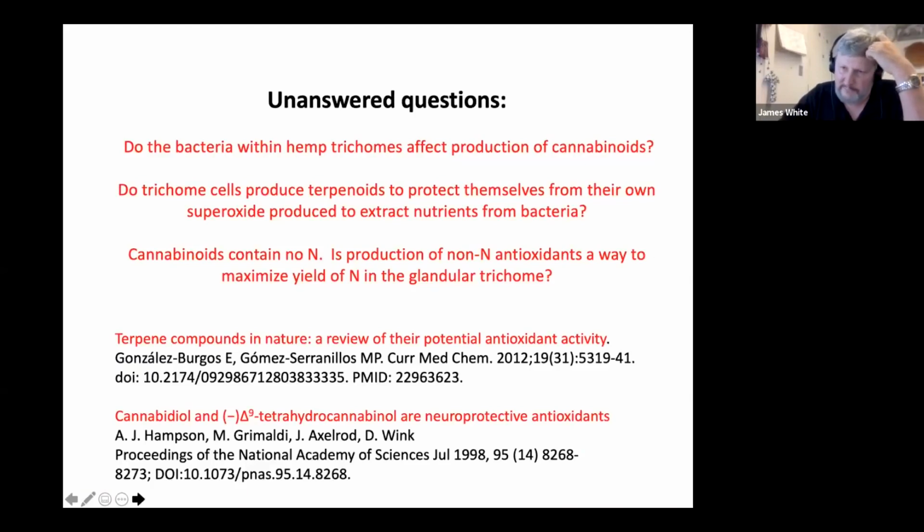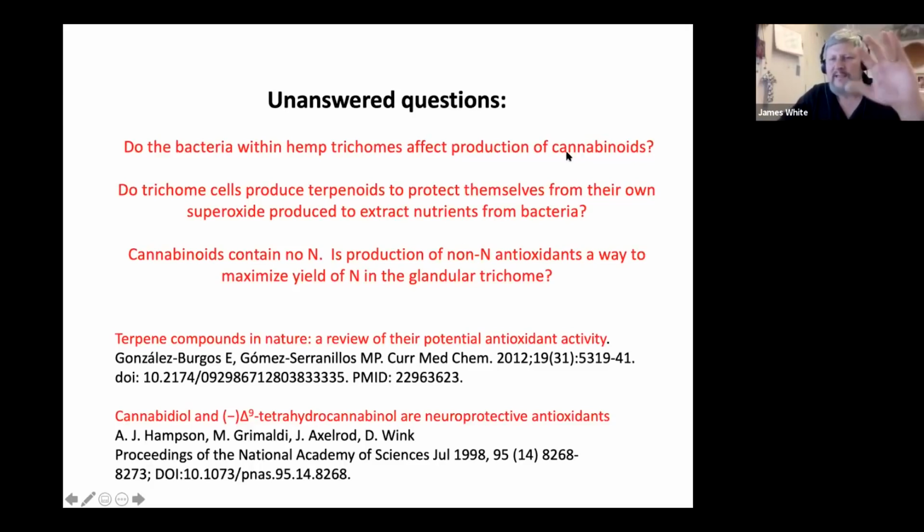There are lots of unanswered questions. For example, we know that these glandular trichomes are sources of chemicals. And in cannabis, for example, the terpenoids and cannabinoids are produced inside those glandular trichomes.